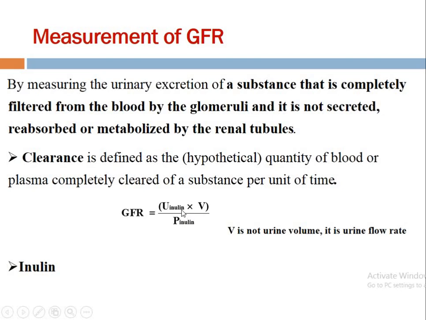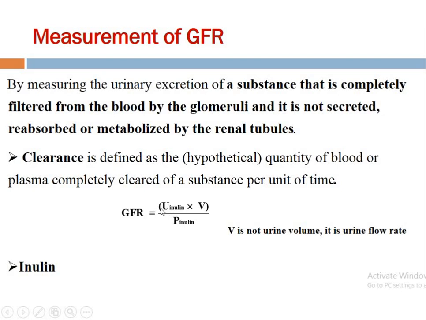So when it is injected, it will be filtered by the nephrons and it will come into the urine. Now this inulin is a freely filtered substance. It is neither secreted nor reabsorbed in the tubules. So whatever amount of inulin is filtered, it will come into the urine.